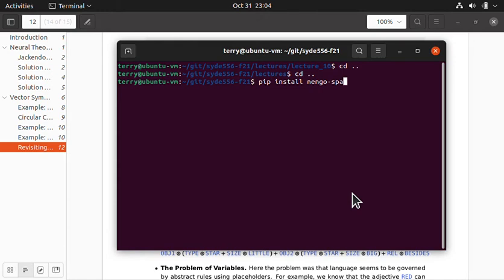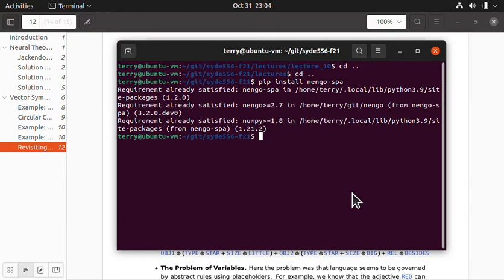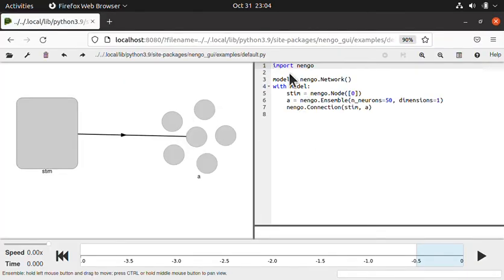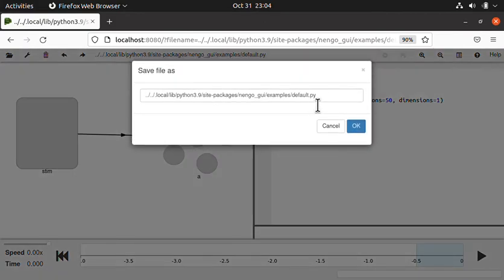So we've called this the semantic pointer architecture, and we built a library on top of Nengo that helps you do these sorts of things. It's pip install Nengo SPA, which apparently I already have. Then we're going to run Nengo, and we're going to give a new example. I'm going to call this SPA1.